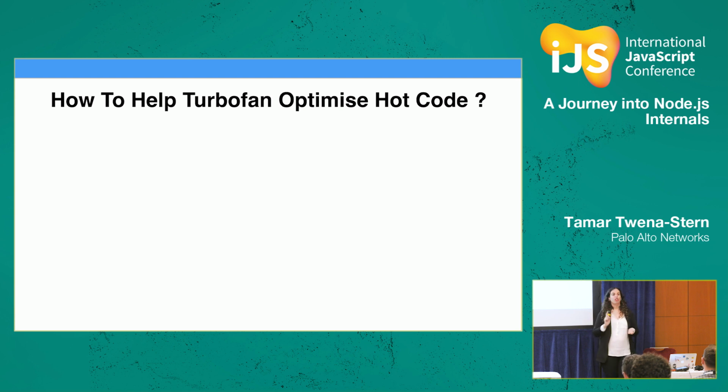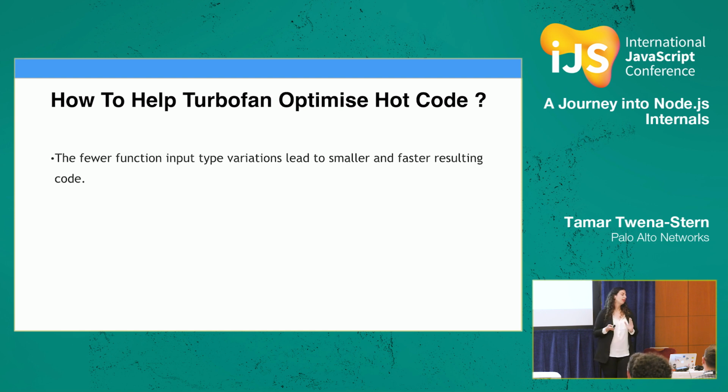If you don't do copy-paste, you get another advantage, which is that the Turbofan compiler would work. It's not working on code which is not wrapped in functions. It's working only on functions. So that is the first point that I want you to remember.